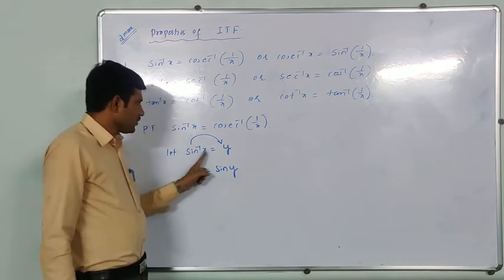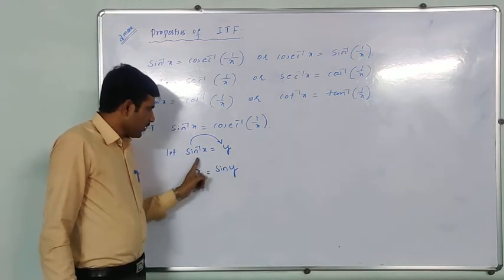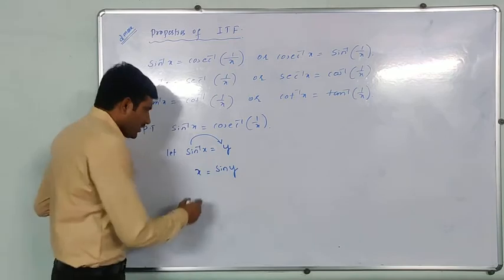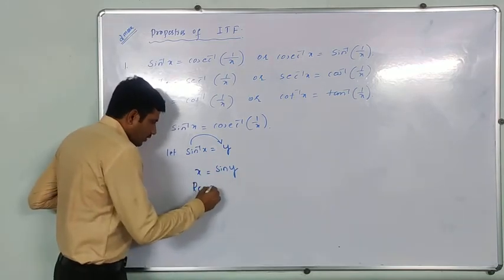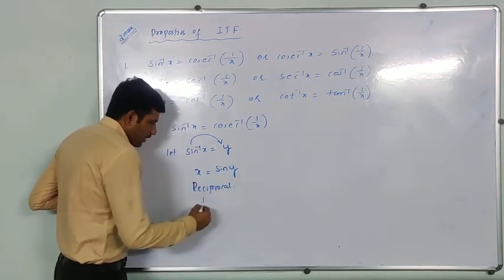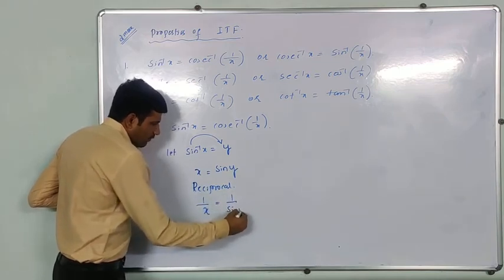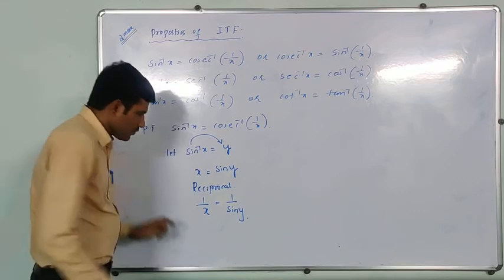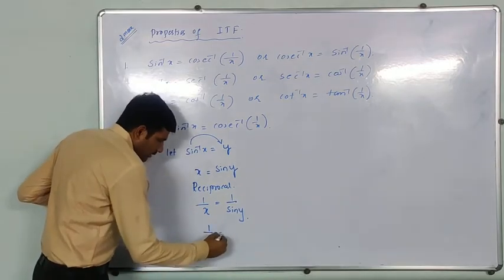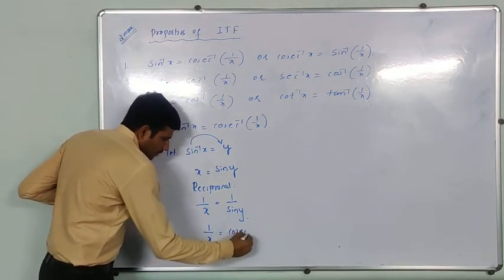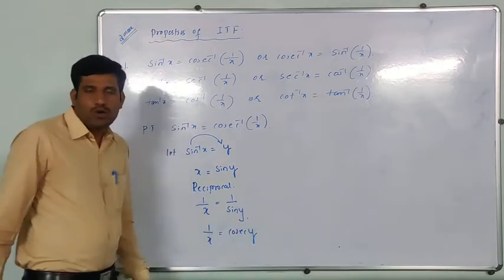So sine inverse of x I take as y. Then x is sine y. Make it reciprocal, so x will become 1 by x, and sine y will become 1 by sine y. Therefore 1 by x is equal to 1 by sine y, and 1 by sine is nothing but cosec y.